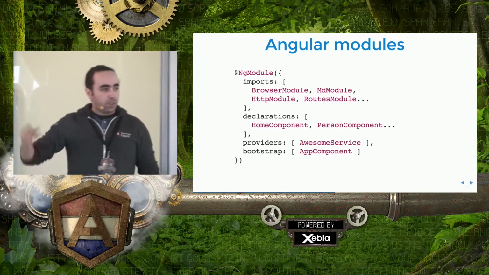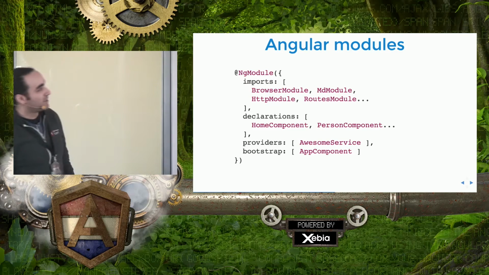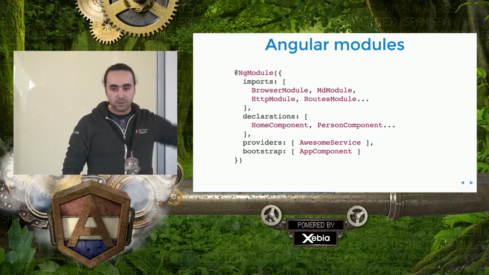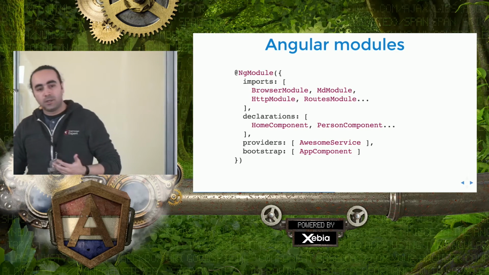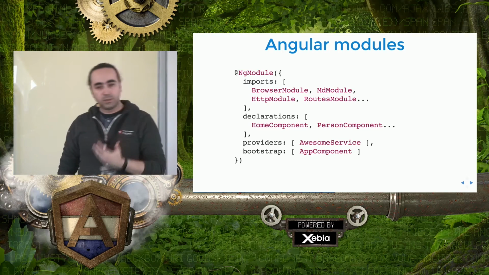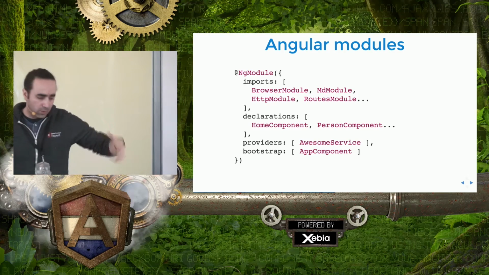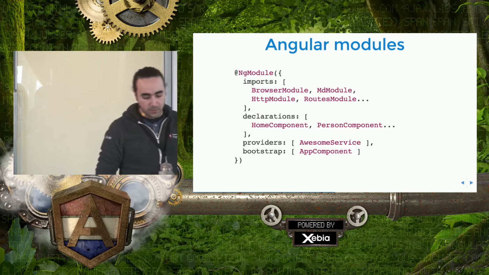So are you familiar with modules? I hope so. When you write your modules, you give some metadata using this ng module annotation, and then you reference all the providers, all the components, everything that is used inside one module. And of course, you compose your modules to form a bigger application.